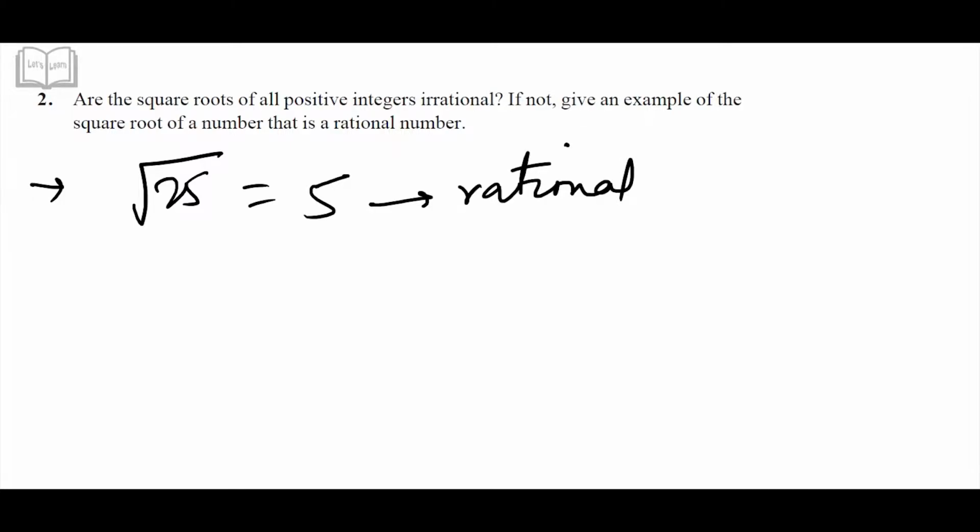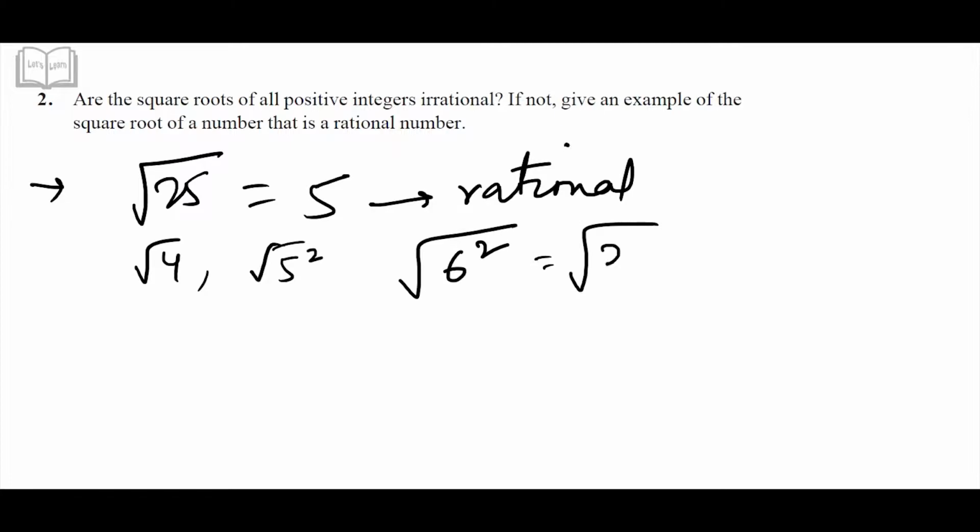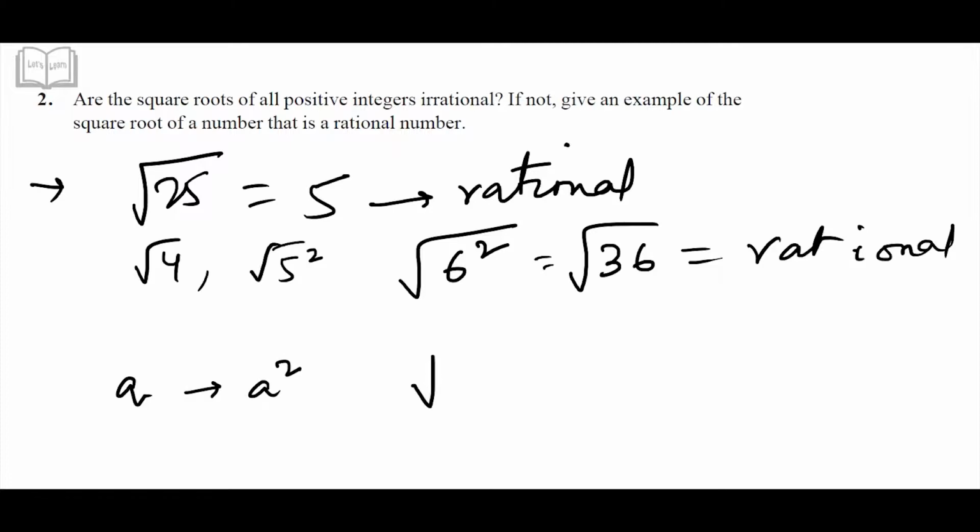Or you can say root of 5 square, that is 25. Anything squared, suppose root over 6 square, which is equal to root over 36. So this is also rational. Basically, you take any number a, you square it, and then the root of a square is a.